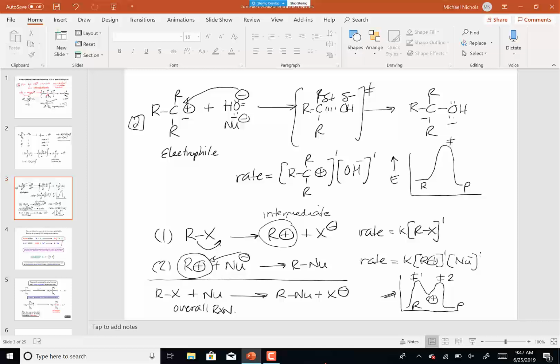And so its rate equation that I can write based on stoichiometry is going to equal the overall rate equation. So in this mechanism of step 1 or step 2, which one is the rate determining step? Which one has the rate equation that equals the overall rate equation? Step number?